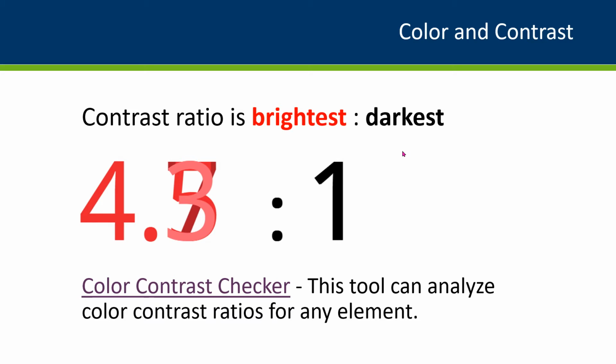So color contrast and reading order, I'll show you later. Those are the two things that you cannot automatically scan the document and have it identify pass or fail. And so those are the two things we say require manual testing.